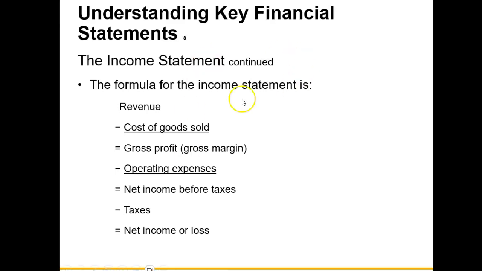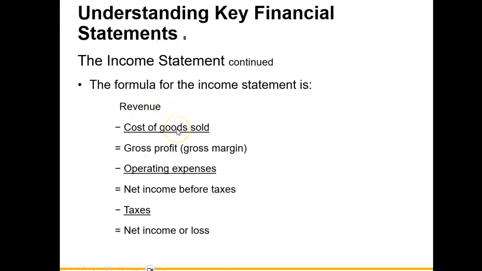Here we have the formula for an income statement. This is a traditional formula. It can vary a little bit from company to company, but you look at the revenue, that shows the actual money earned from providing goods or services, minus the cost of goods sold.